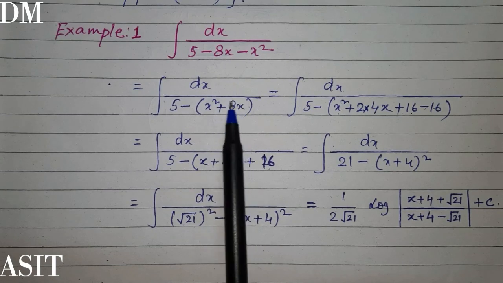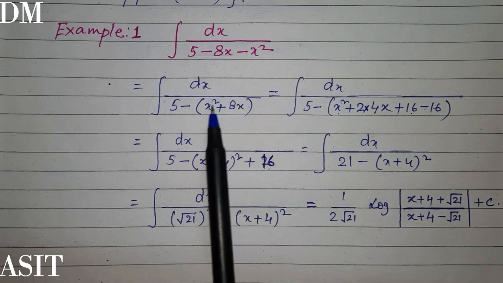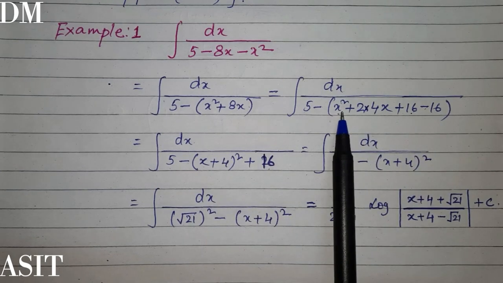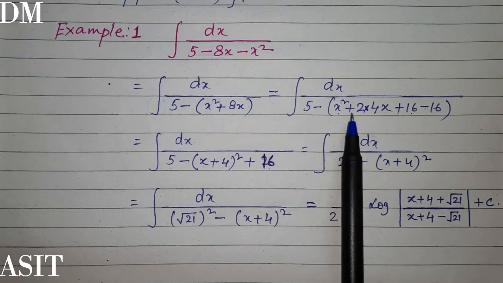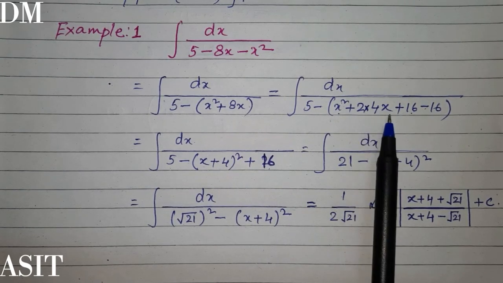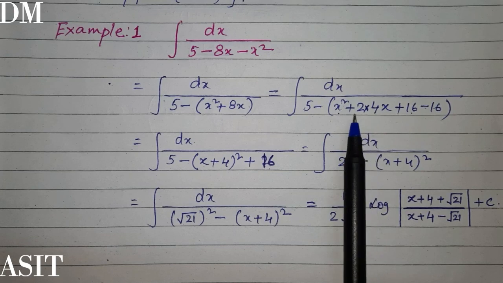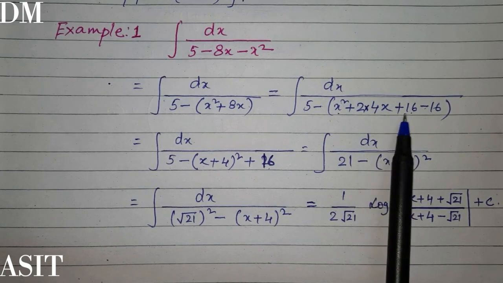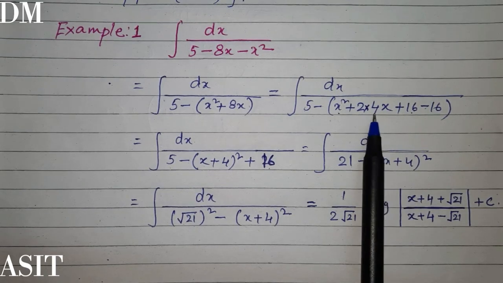Now I will complete the square inside this bracket. Let's see how to complete the square. So we have x square plus 8x. Now 8x can be written as 2 into 4x. So if this is 2 into 4x, now to complete the square we need a 16. Why 16? Because 4 square.